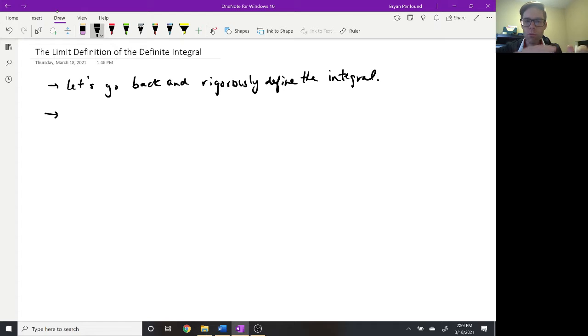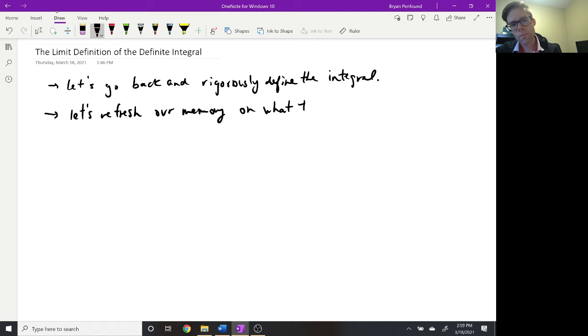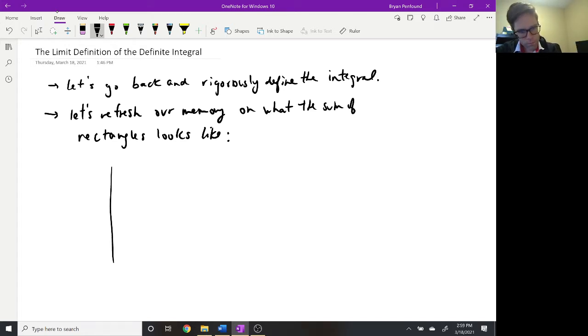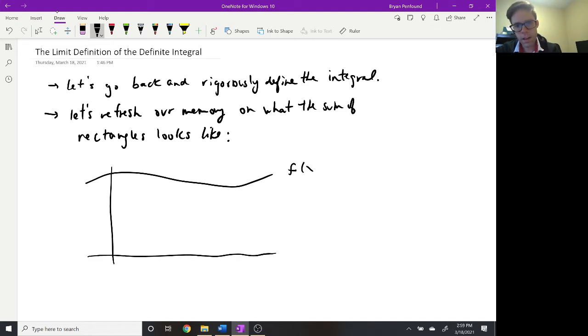So let's redraw that picture, to refresh our memory on what that sum of rectangles actually looks like. We're going to draw some kind of function, let's call it f of x, and we're going to pick some endpoints.